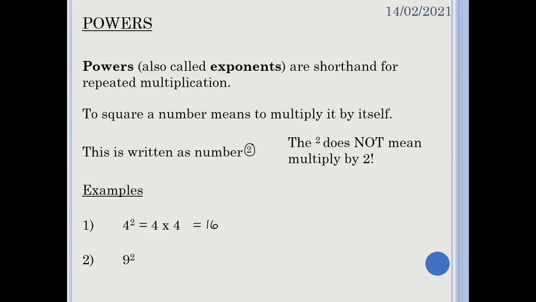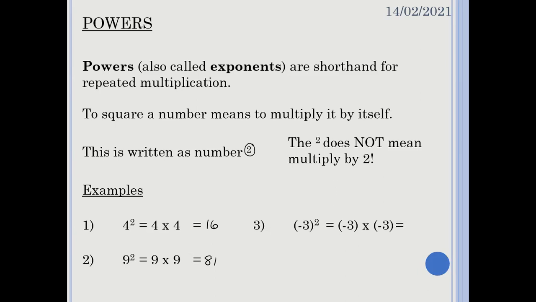If we look at the next one, we've got 9 squared. So we can rewrite that as 9 times 9, and that, of course, is going to give us 81. What about negative numbers? Well, we've got negative 3 squared. We can rewrite that, probably a good idea when you're working with negatives, as negative 3 times negative 3.